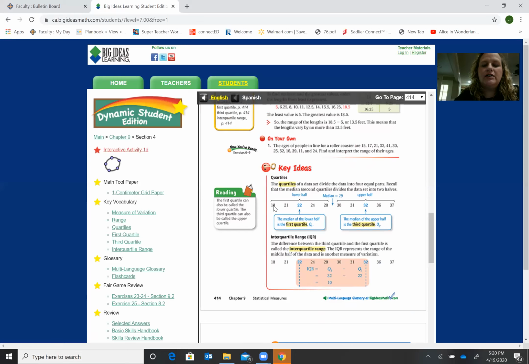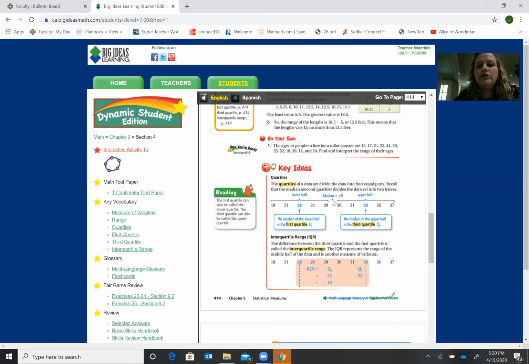They said 18 would cancel 37, 21 would cancel 36, 22 would cancel 32, 24 would cancel 31, and 28 and 30 would be in the middle. What's in between 28 and 30? Or you could add these up and divide by 2 and get 29. So the median, which is the second quartile, we just haven't called it that until now, is 29.